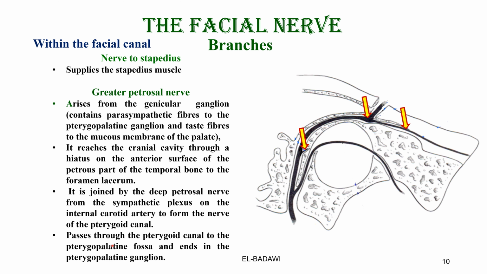This nerve passes through that canal to reach the pterygopalatine fossa, where it ends in the pterygopalatine ganglion, and its branches come with the branches of the maxillary nerve to supply all the glands of this area: the lacrimal, the nasal, the palatine, the pharyngeal, and taste fibers from the palate and the epiglottis.